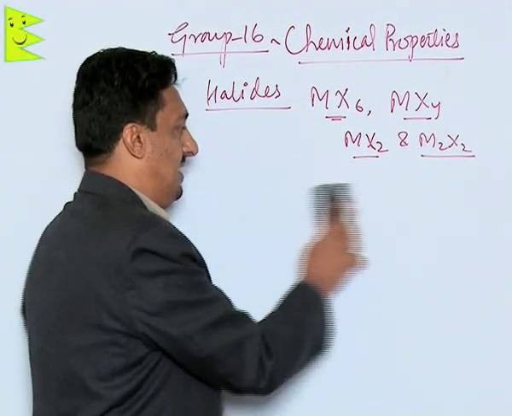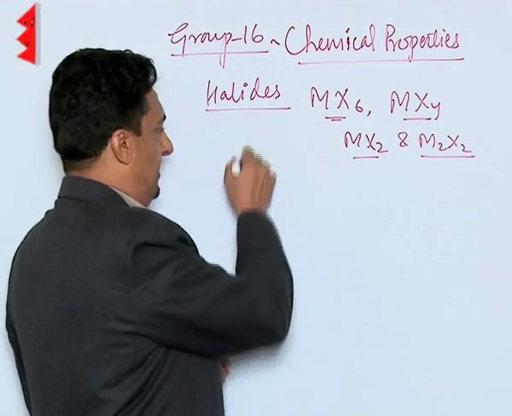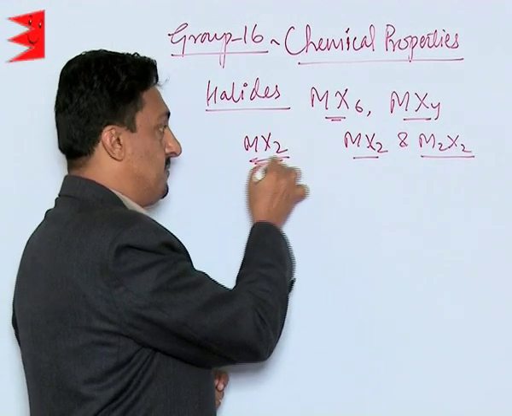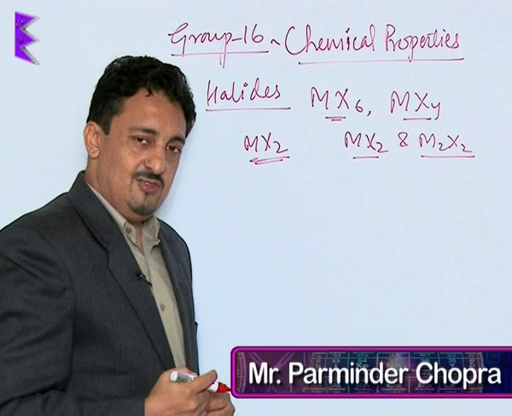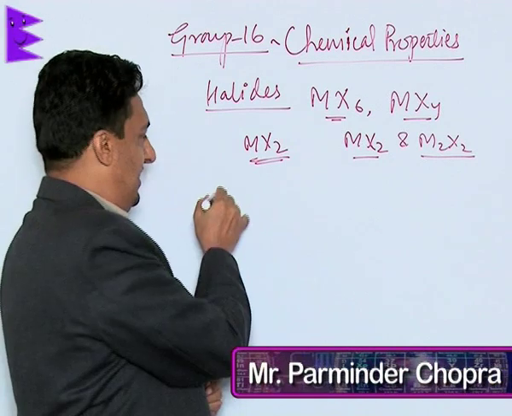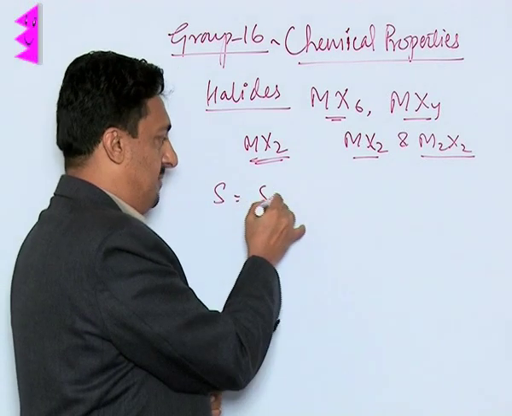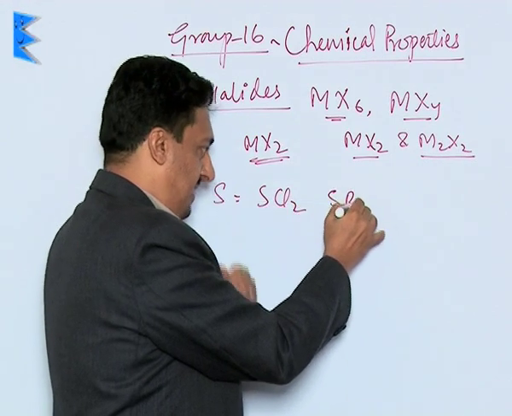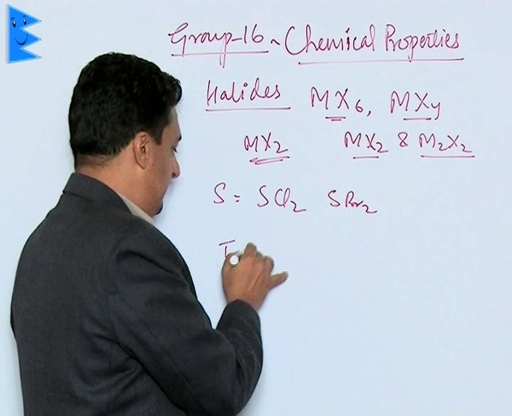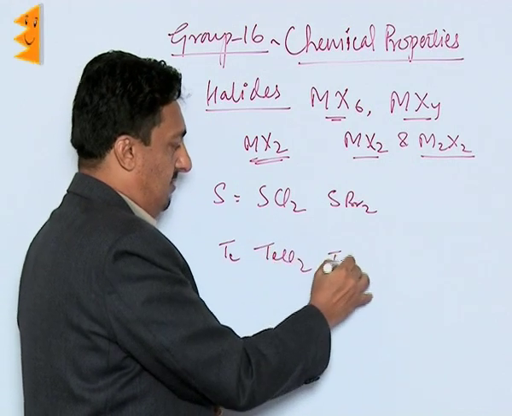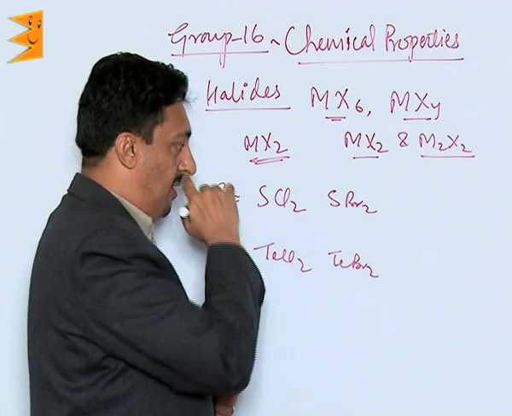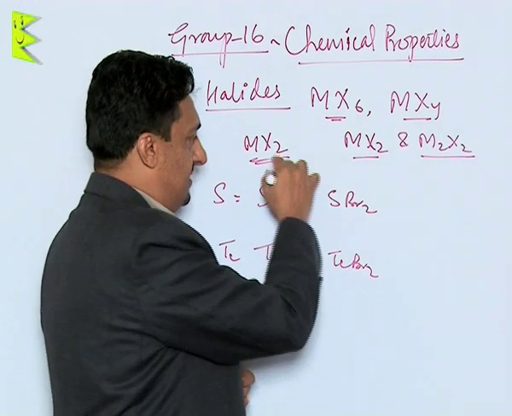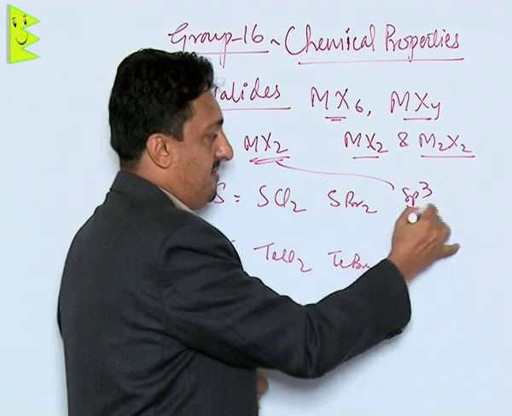Now, let's talk about the dihalides. Sulfur, selenium as well as tellurium also form dihalides. Like sulfur forms sulfur dichloride, sulfur dibromide, remember, and tellurium dichloride, tellurium dibromide. What is most important to note is that these dihalides are sp3 hybridized.